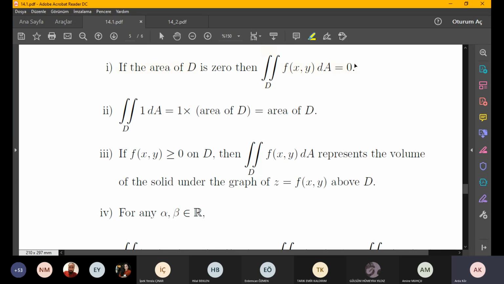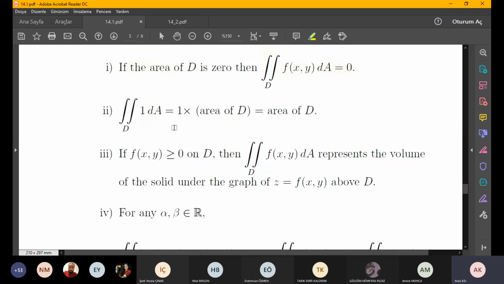The second property we have for double integration: the double integral of 1 over D is equal to 1 times the area of D, from the definition. That means our function f(x,y), or z, equals 1, which represents the plane z equals 1.